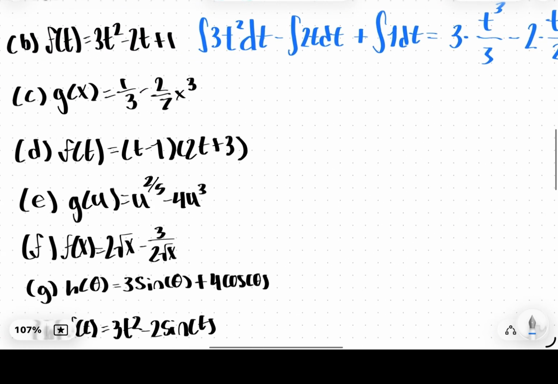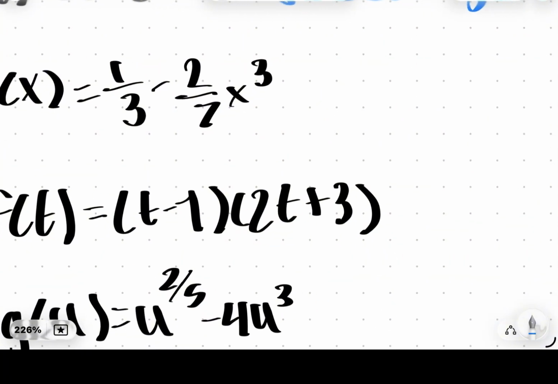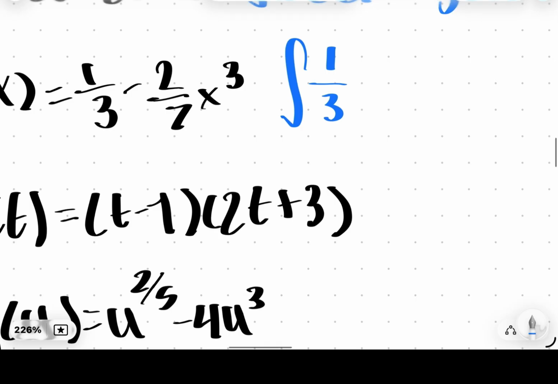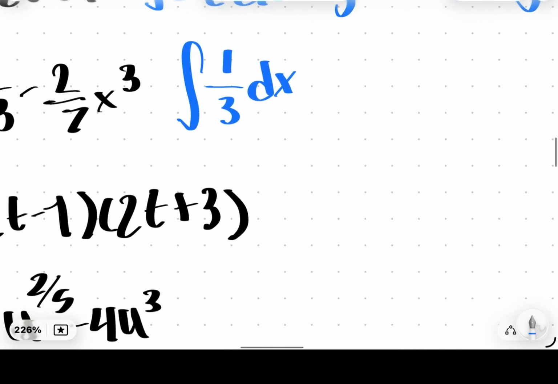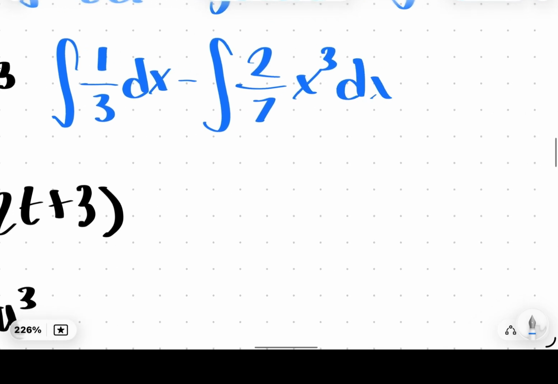Alright. Now for part C, we have 1/3 minus 2/7 x cubed. We can split it up like the previous ones: the integral of 1/3 dx minus the integral of 2/7 x cubed dx.